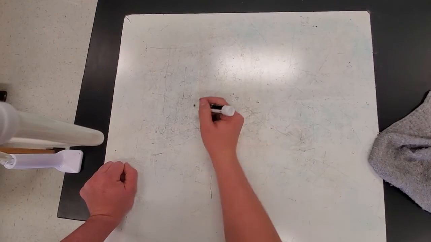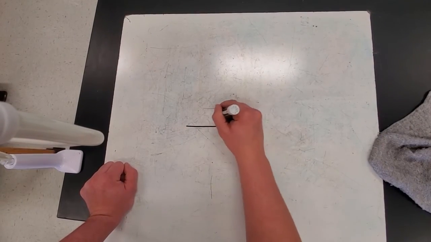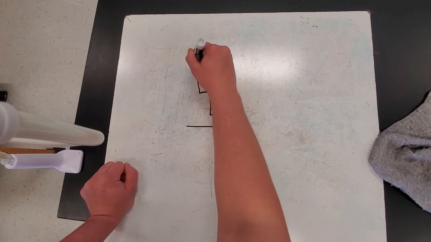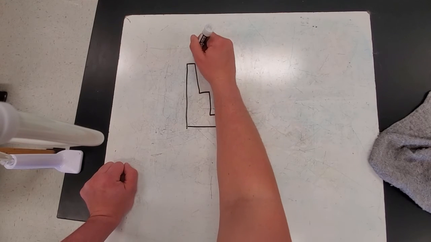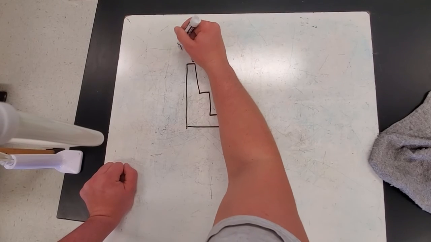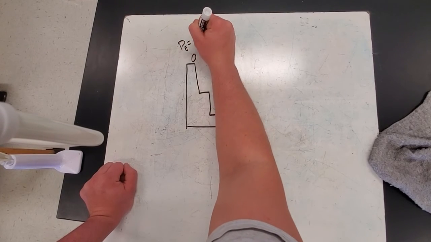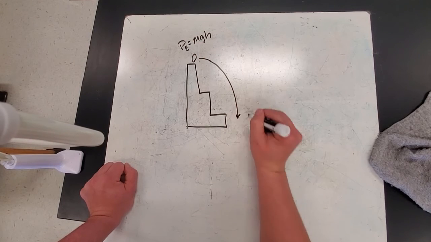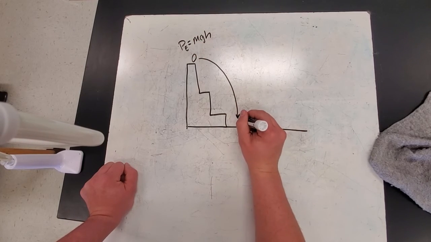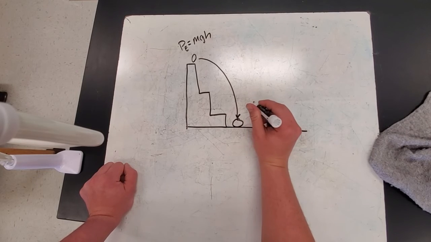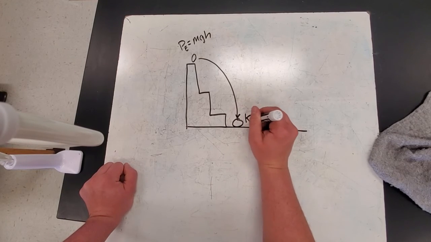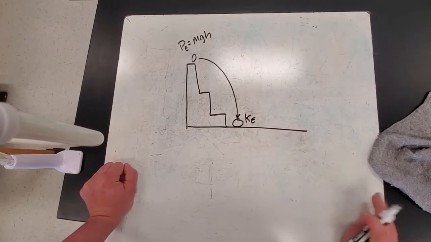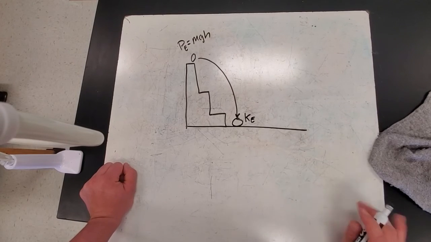So let's go back to our cliff example. Our potential energy right here, PE equals mgh, is going to be equal to the kinetic energy of the ball at the instantaneous moment right before it hits the ground and velocity is 0, right?